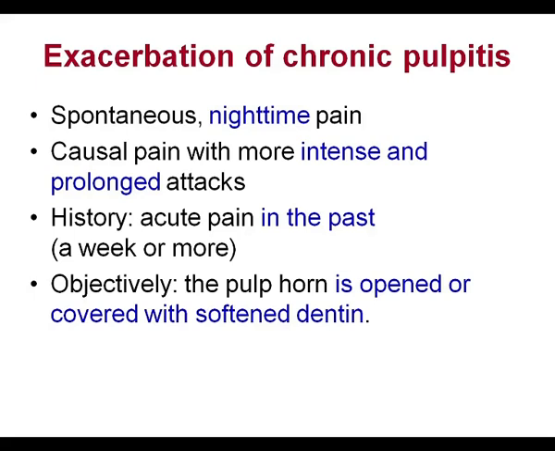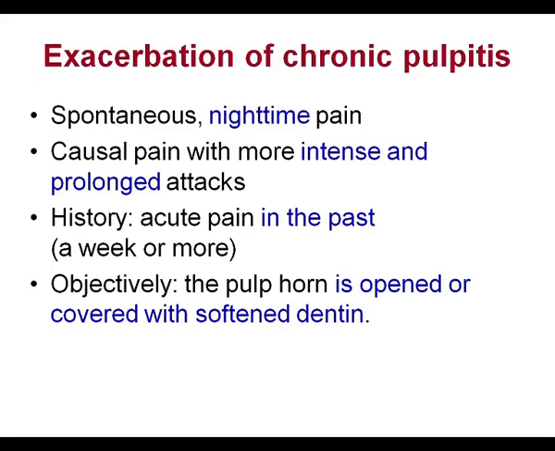For exacerbation of chronic pulpitis, spontaneous and nighttime pain, causal pain with more intense and prolonged attacks, and from history we find out acute pain in the past, a week maybe ago or more.